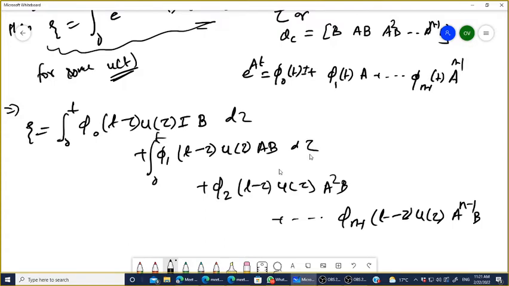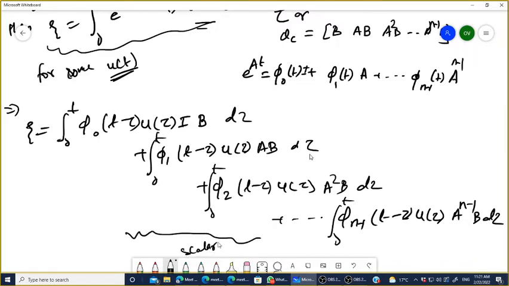Okay. This is nothing but the scalar convolution. The scalar convolution, right?